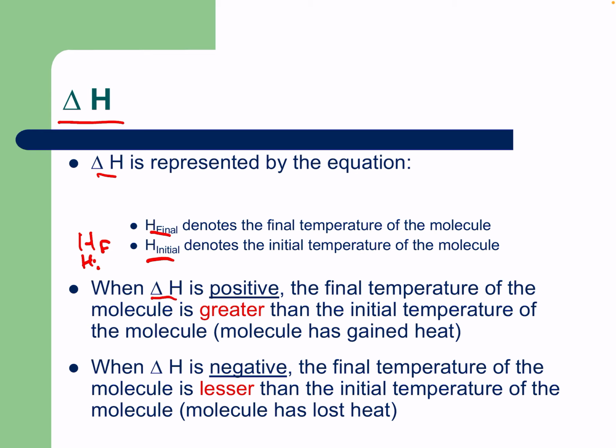When the change of enthalpy is positive, the final temperature of the molecule is greater than the initial temperature, so it has gained heat. When the change of H is negative, the final temperature of the molecule is lower than the initial temperature, and the heat has been lost.